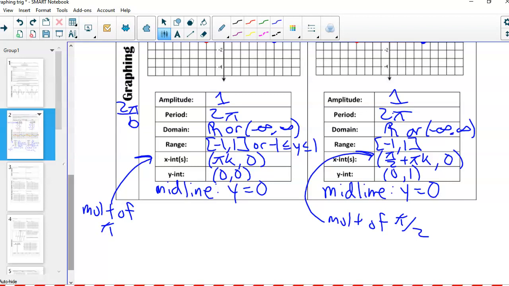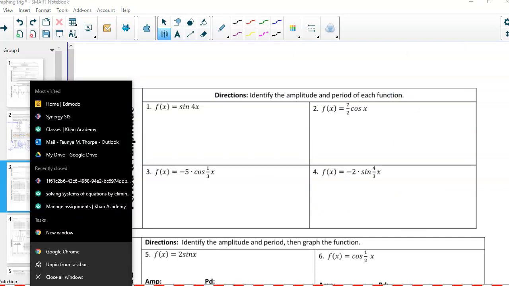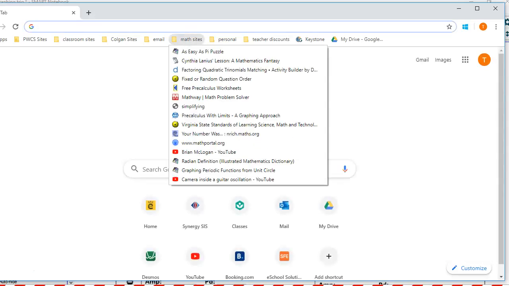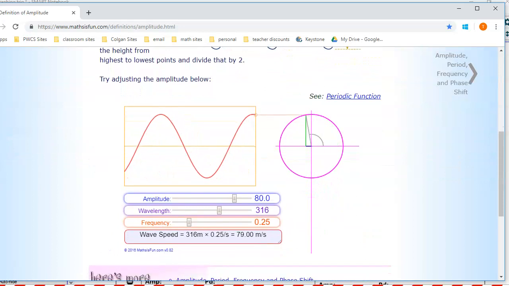Alright, so the very last thing we're going to do, we're going to do 2 things, because I want to show you something really fast. So this is that triangle moving around your unit circle to make your graph.